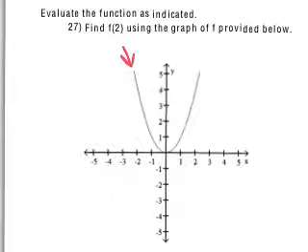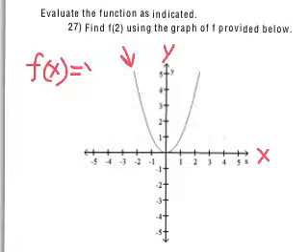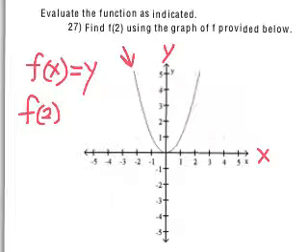We've got to remember that this is our x, this is our y, and f of x equals our y. So looking for f of 2, the 2 is our x, so we go to 2. Now what's y doing? Because we want to find what f of x is, so we want to find the y. The y is our answer.